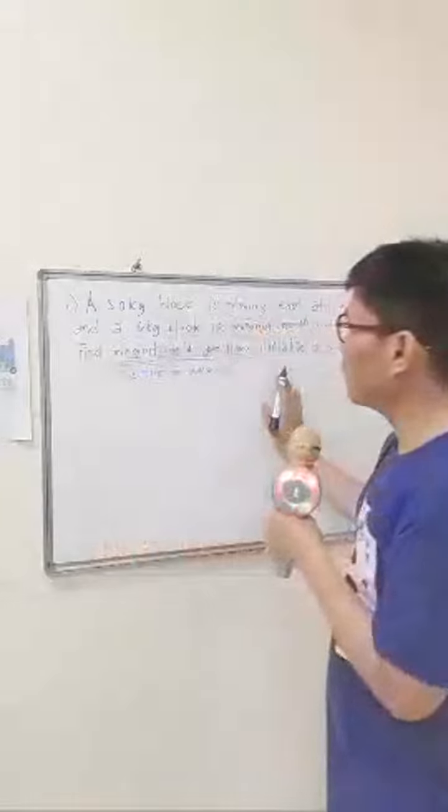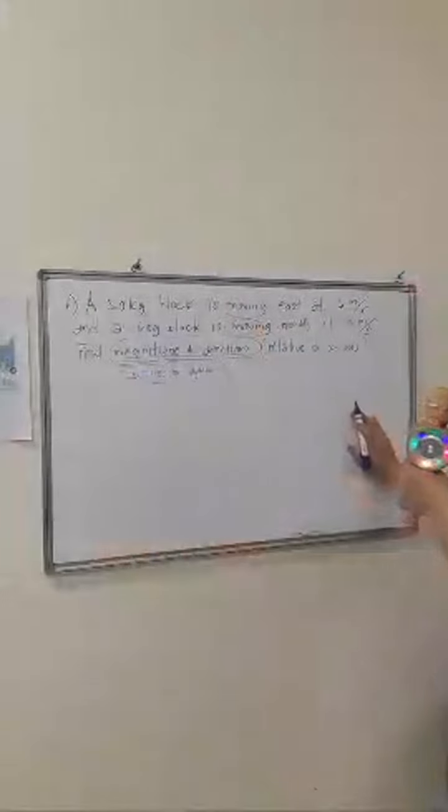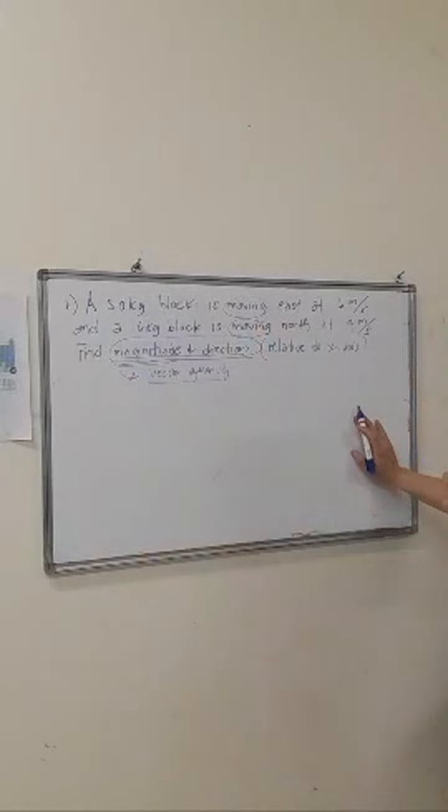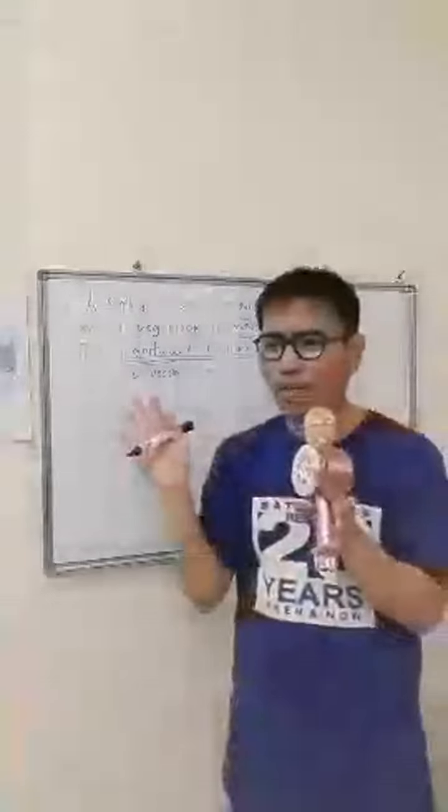See, a 5 kilogram block is moving east at 6 meters per second, and a 6 kilogram block is moving north at 4 meters per second. Find the magnitude and direction relative to the x-axis. So many contexts will come to mind.